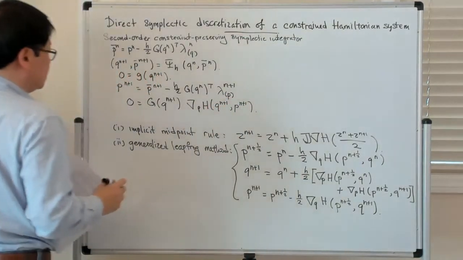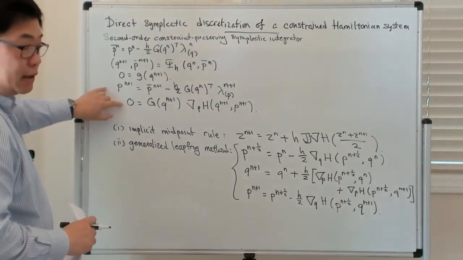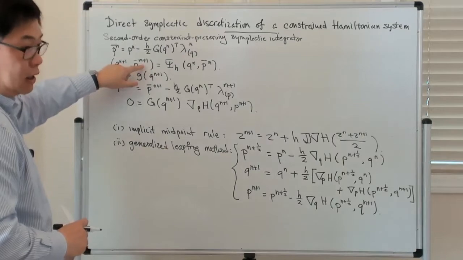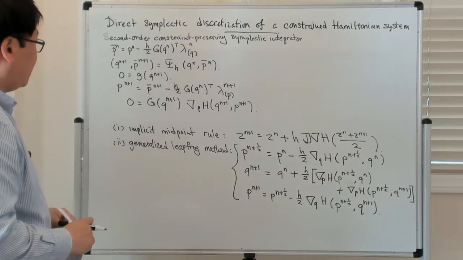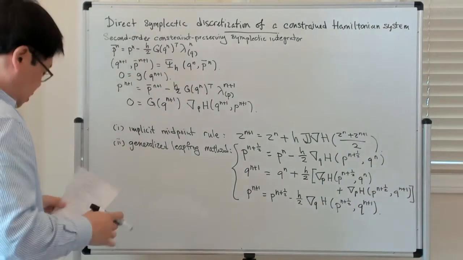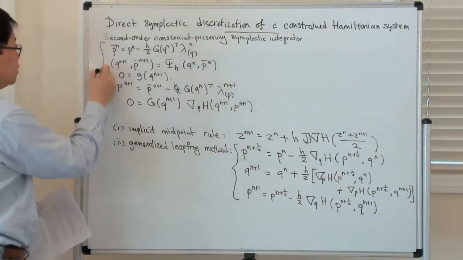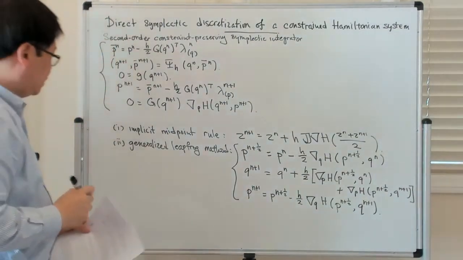So this is correcting the momentum at the new time, which had been obtained from this candidate value from applying the one-step method to the modified initial data. Okay, so this is the second-order constraint-preserving symplectic integrator.